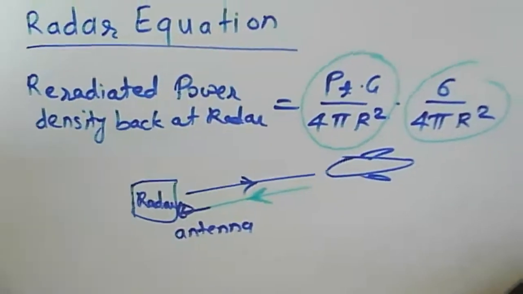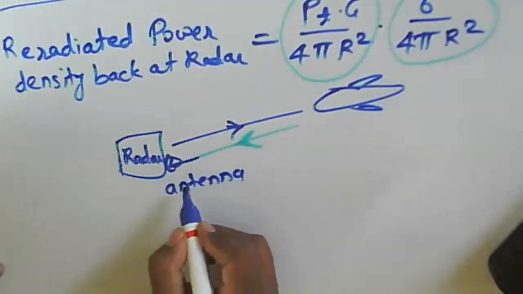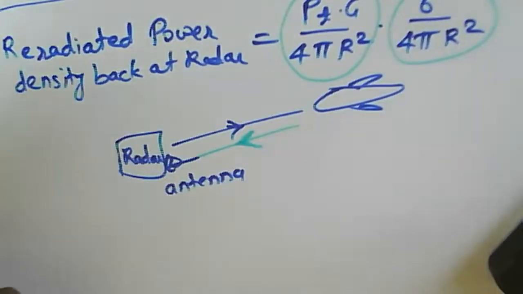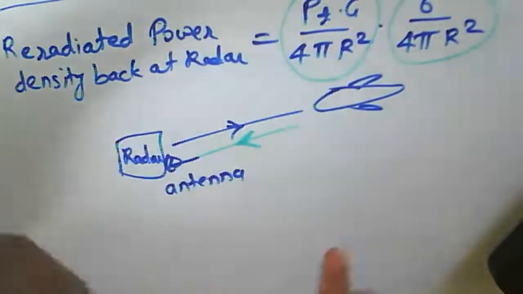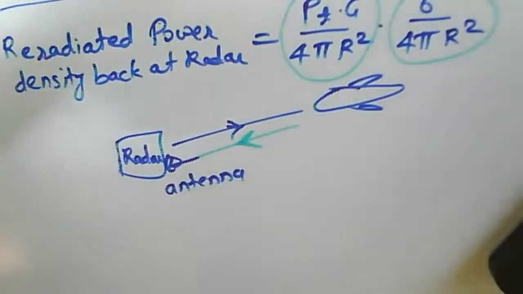Whatever antenna is present in the radar captures the incoming signal reflected from the object, and it is accepted by this antenna.